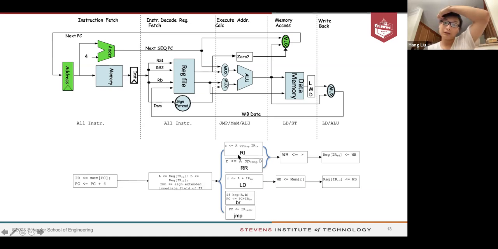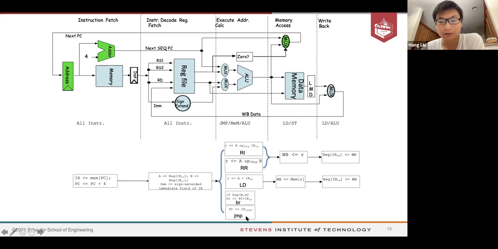And then in the execution phase, you have either register immediate execution, or register register execution. For a load instruction, you have to calculate the address potentially. And then for a branch instruction, you have to calculate where the branch goes, right?